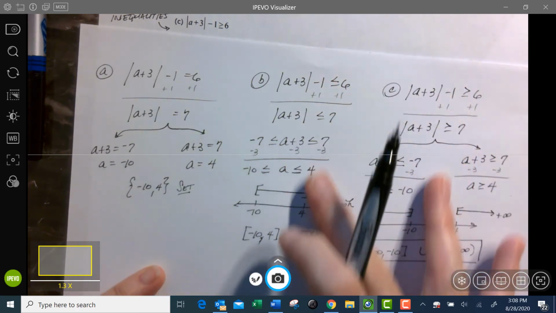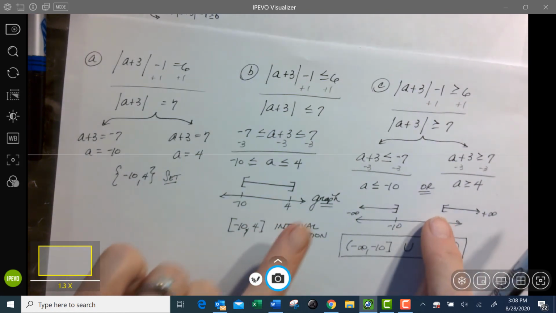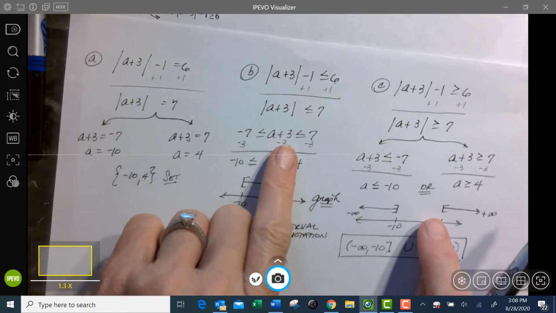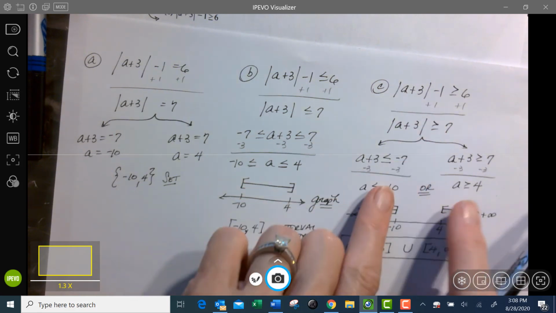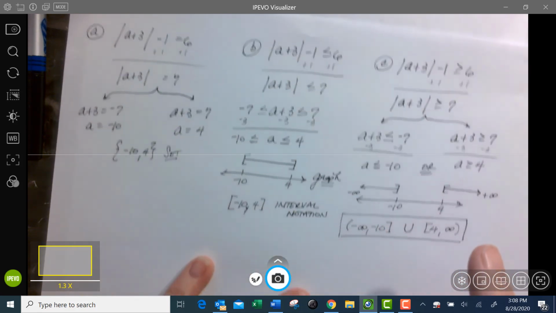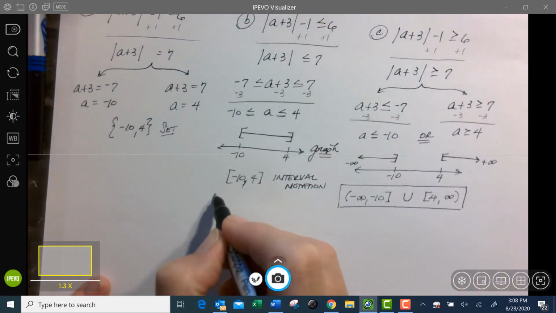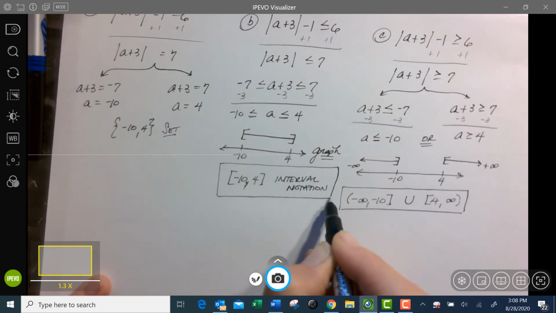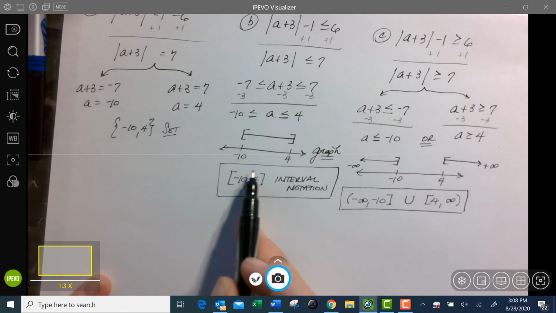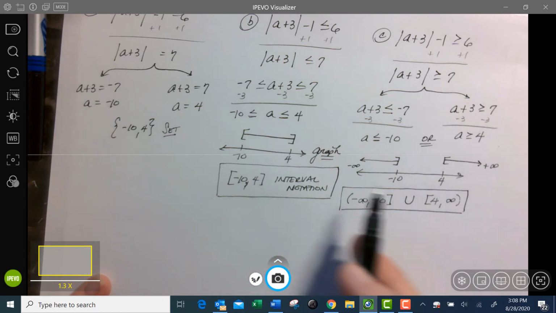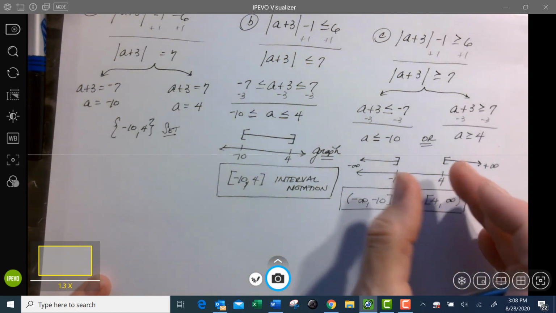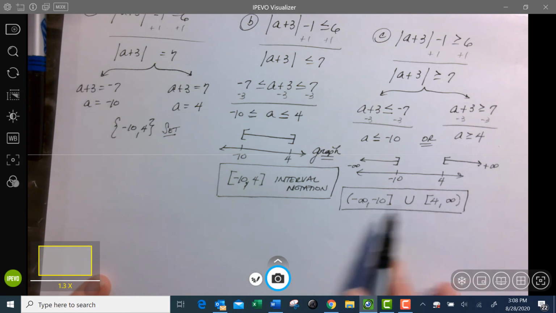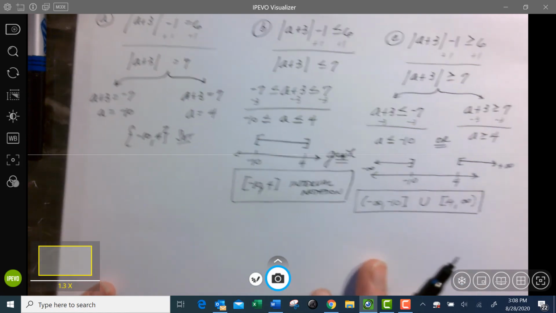The two inequalities are worked very differently. If it's a less than, I use a compound inequality. If it's a greater than, I split it into two branches. Again, my answers are uniquely different in appearance also. When it's a less than symbol, I usually only get one interval as a solution. And when it's a greater than symbol, I often get two disjoint intervals that I include both of in my solution.